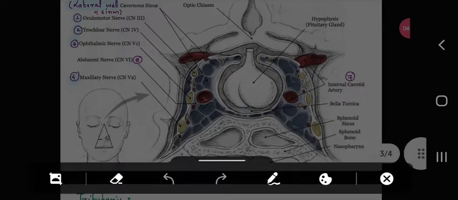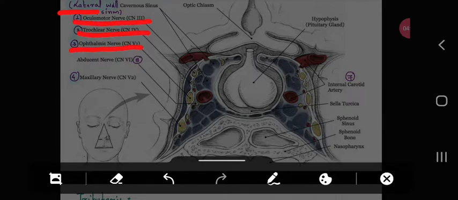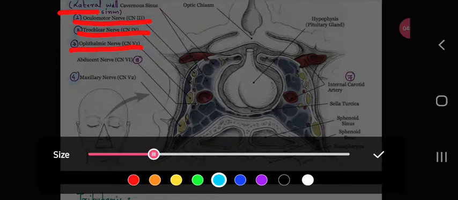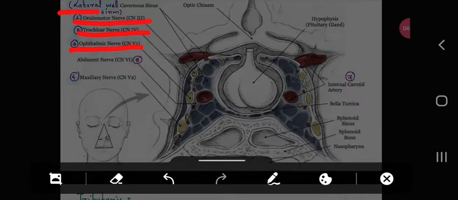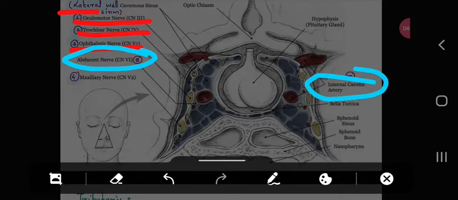So from your lateral wall, oculomotor nerve, trochlear nerve and ophthalmic nerve, and inside it the abducent nerve and the internal carotid artery.